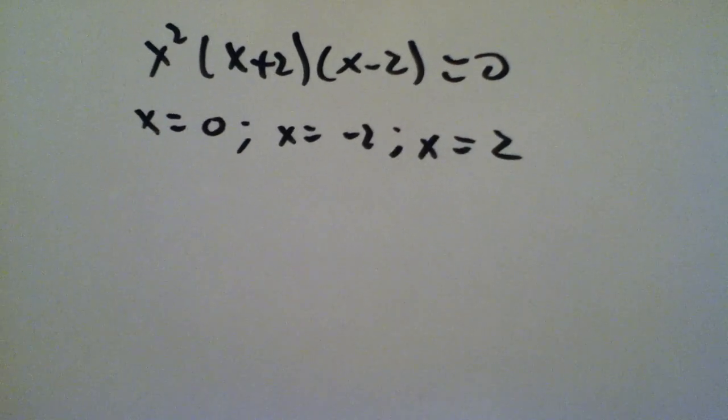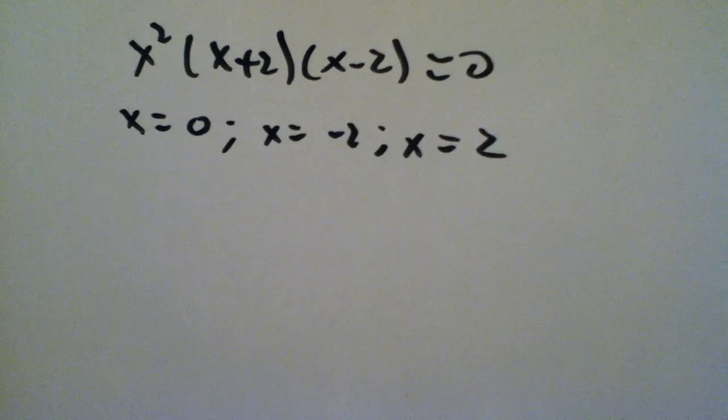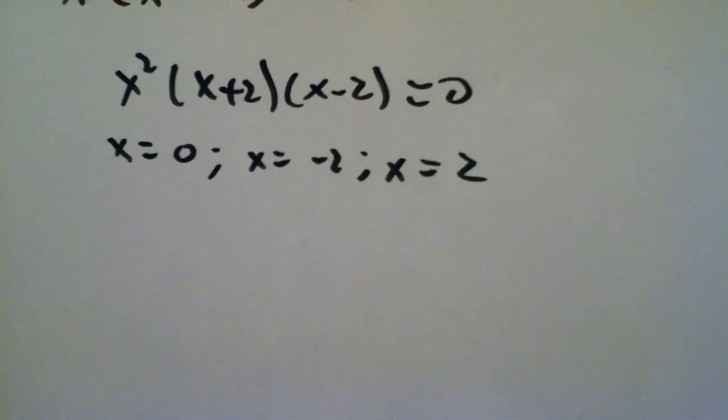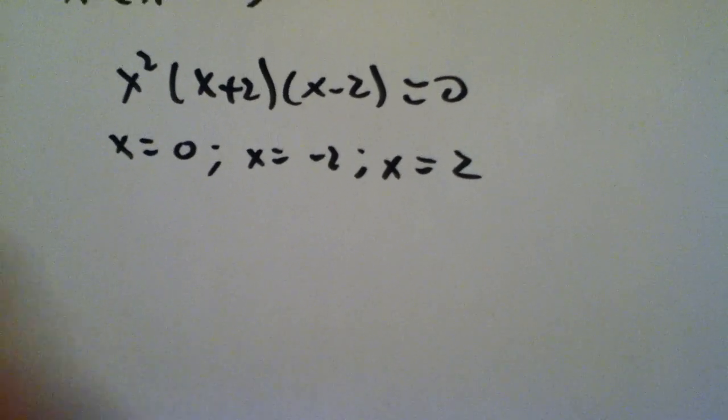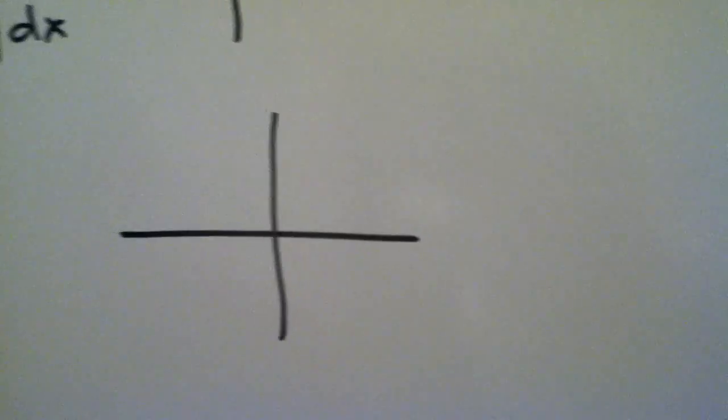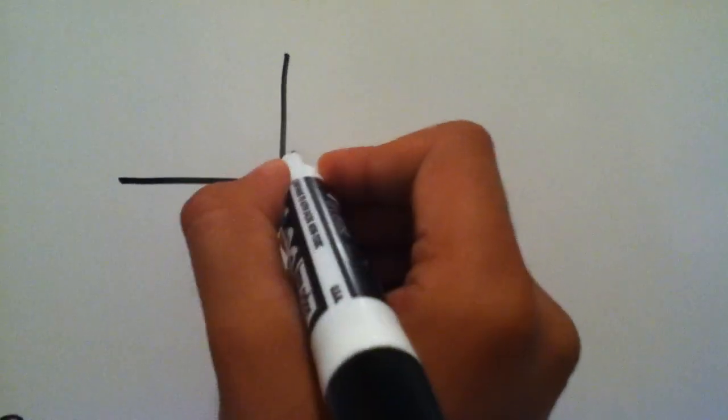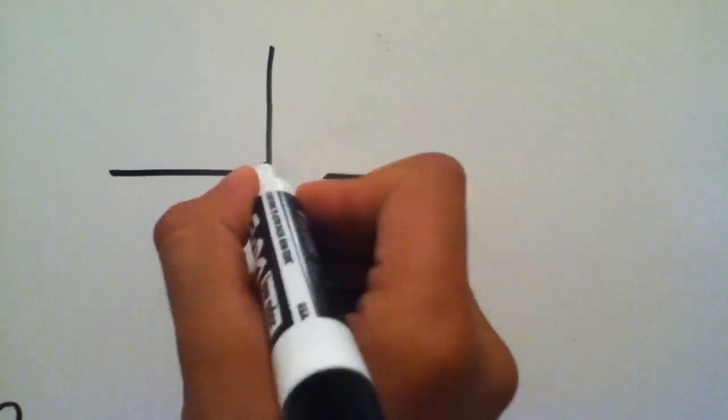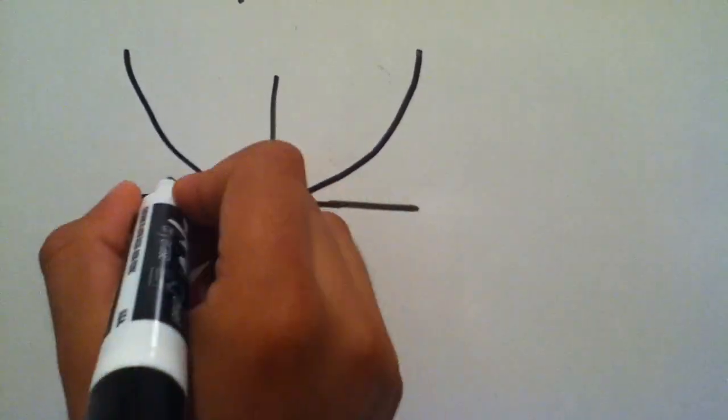Now, the next step would be to graph it and get a better idea of what these curves actually look like and what's the best way of approaching it. You can also use a graphing calculator to graph these, but we all know what 2x squared looks like. It's just like any other x squared curve.